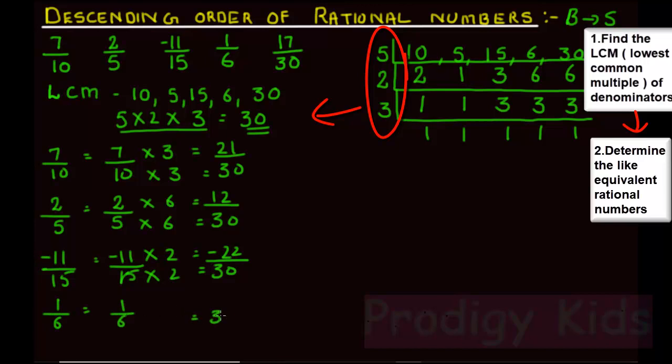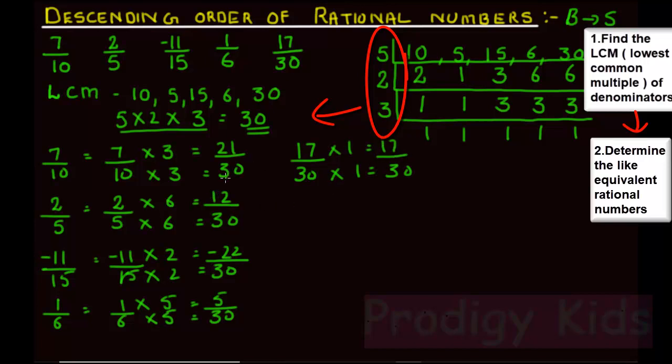You need to get a 30. 6 times 5 is 30, and 1 times 5 is 5. So 5 by 30. Next comes 17 by 30. I'll write it here, lack of space. 17 by 30, multiplied by 1, you get the denominator 30, and 17 by 30.